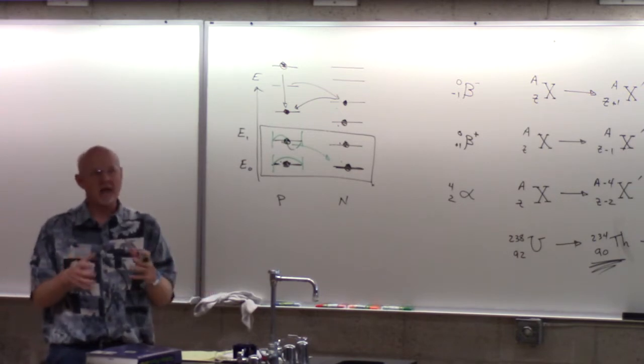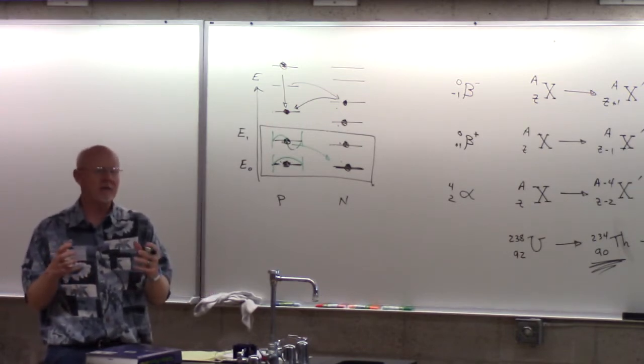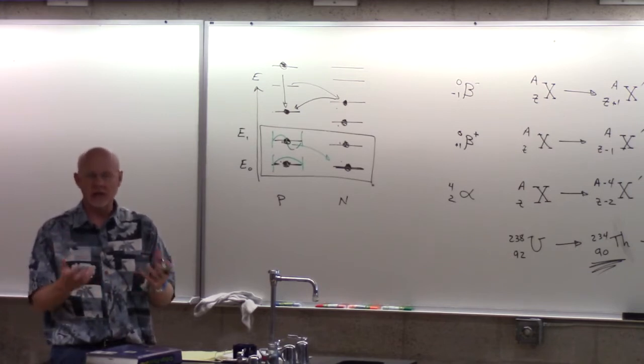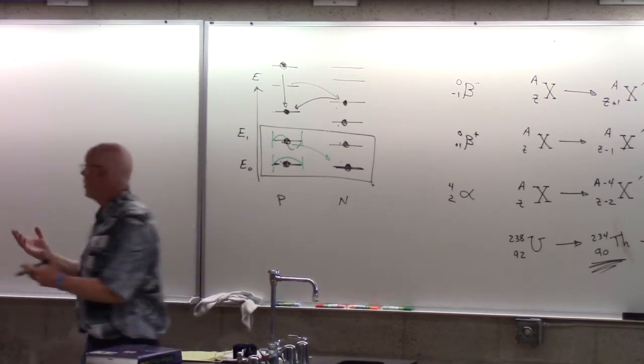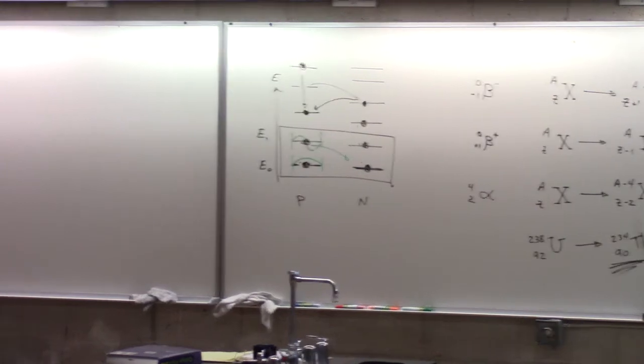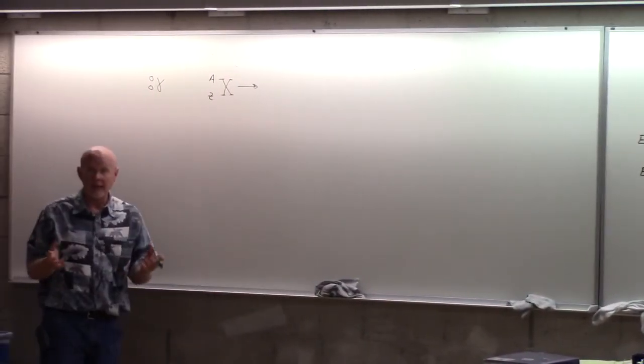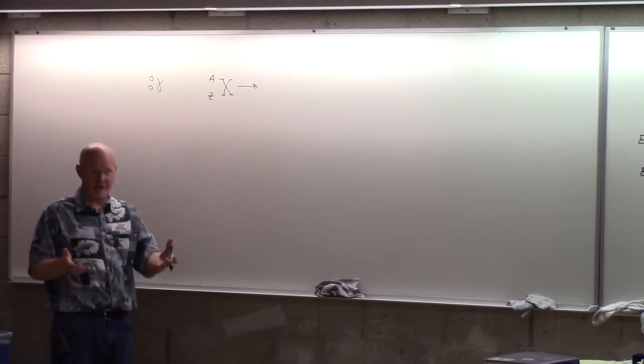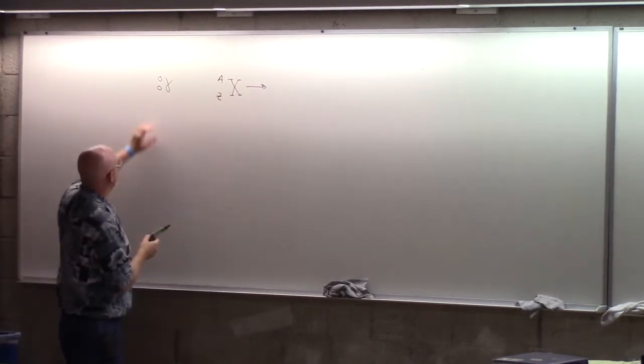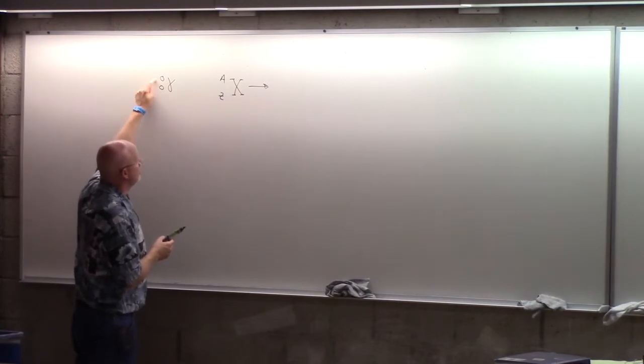It did not have any kind of indication of it being a proton or a neutron, so it doesn't have a baryon number. So that's why we're going to label it this way. We're going to say a gamma particle is really a photon. It is a high energy photon, but it has 0 charge and 0 nucleon number.